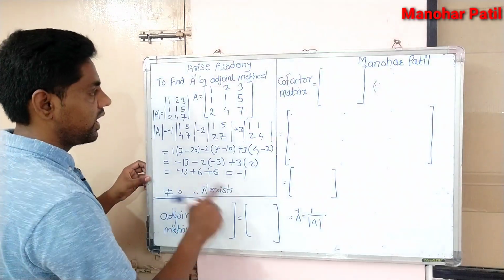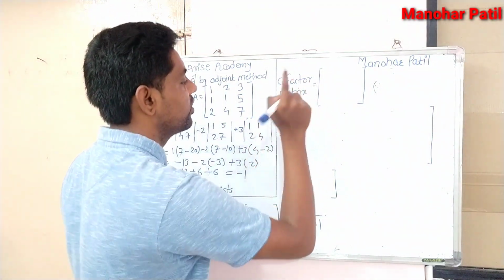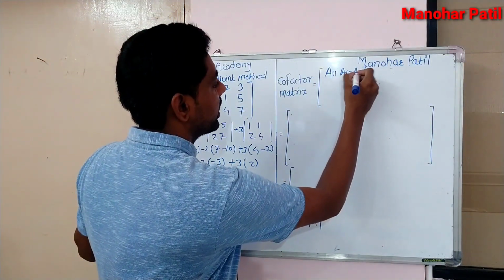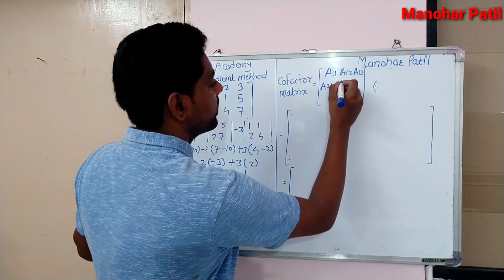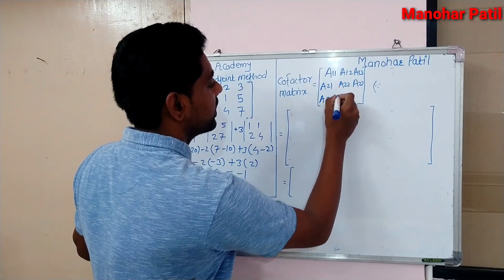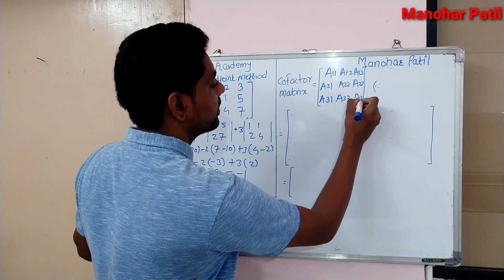Therefore A inverse exists. So we now find the cofactor matrix: A11, A12, A13, A21, A22, A23, A31, A32, A33.